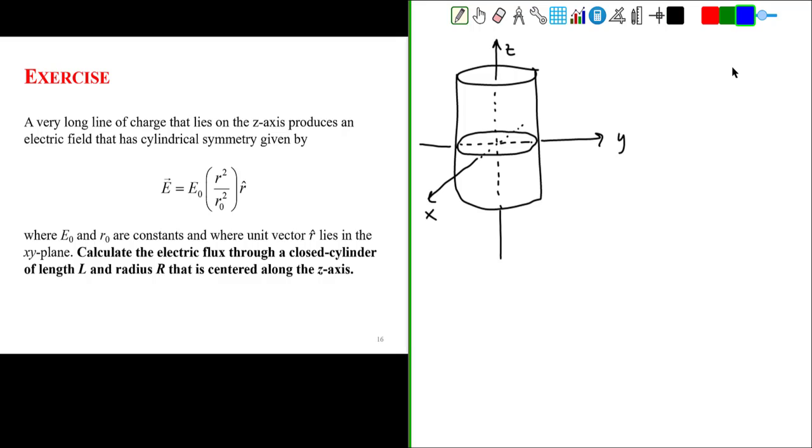Let's position it somewhere on the cylinder. I'll position it right here for a tiny bit of area coming out of the side. That tiny bit of area is like a representative polar rectangle. So here is our tiny bit of area.